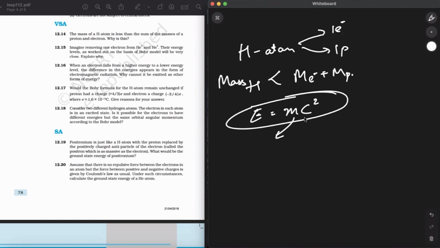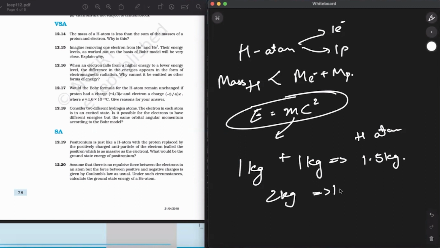The concept over here is this: if I say that the mass of the electron is 1 kg, the mass of the proton is also 1 kg, and it is making a hydrogen atom, but the H atom has a mass of 1.5 kg. So it should have been 2 kg, but it is 1.5 kg. So there is some mass defect, right?